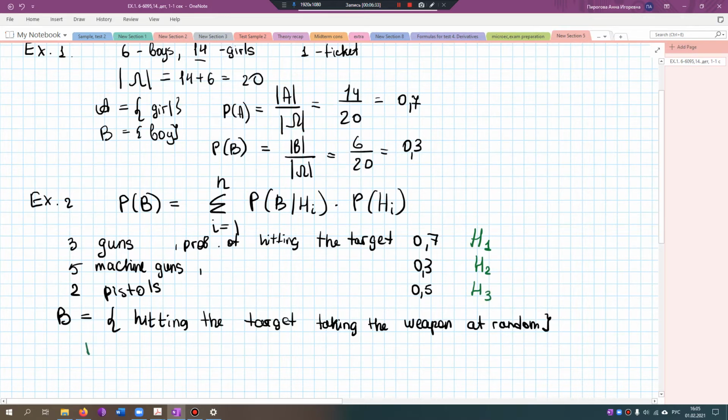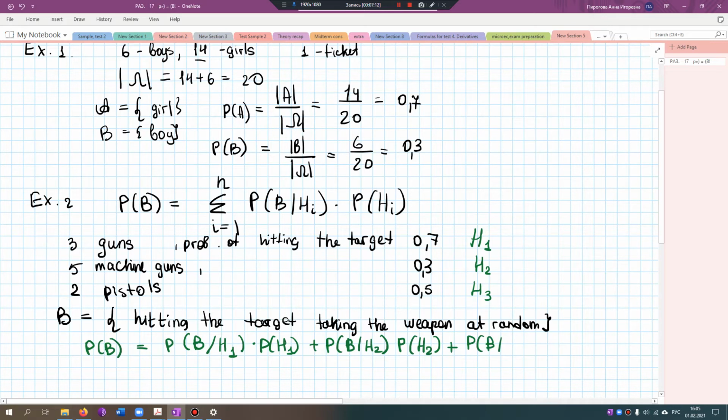According to the total probability formula, the probability of the event B will be equal to the probability of B under condition H1 multiplied by the probability of H1, plus the probability of B under condition H2 multiplied by the probability of H2, plus the probability of B under condition H3 multiplied by the probability of H3.